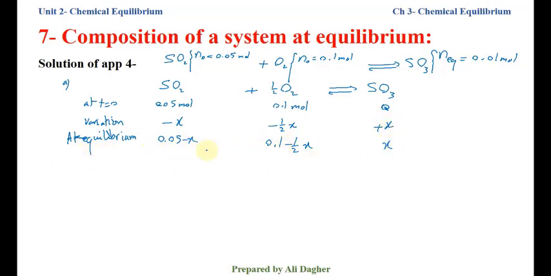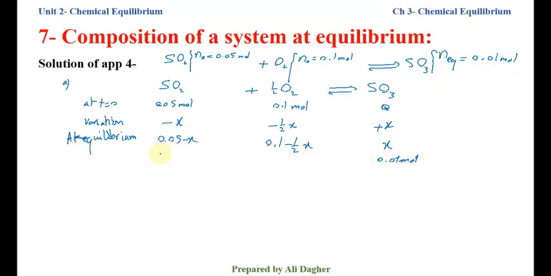But we should be given a value that permits us to calculate X: the concentration or number of mole of SO2 at equilibrium, or number of mole of O2 at equilibrium, or number of mole of SO3 at equilibrium. The given at equilibrium is for SO3. We are given the number of mole of SO3 at equilibrium equals 0.01, which is equal to X, then X equals 0.01 mole.